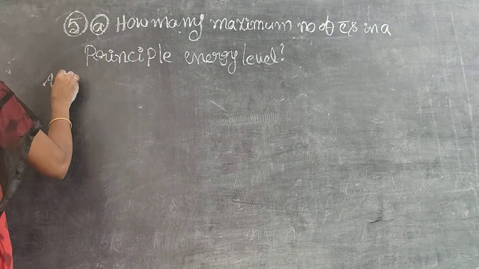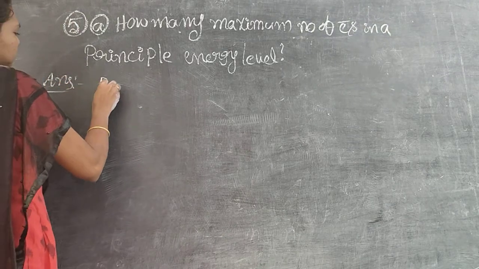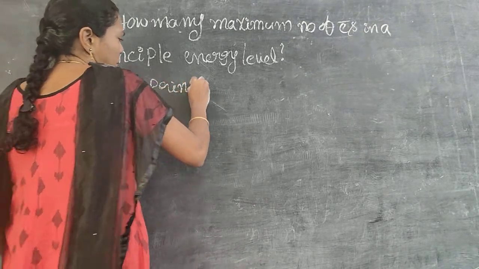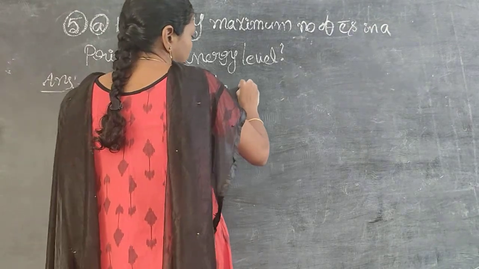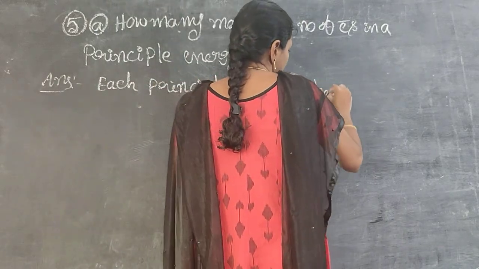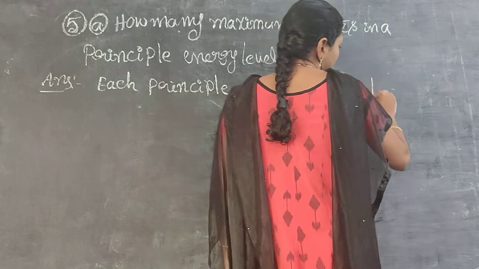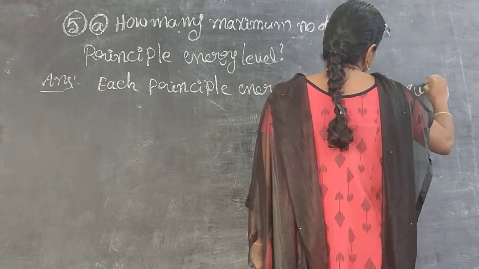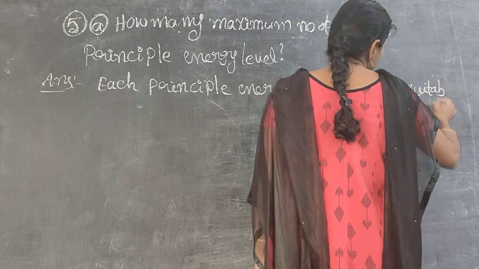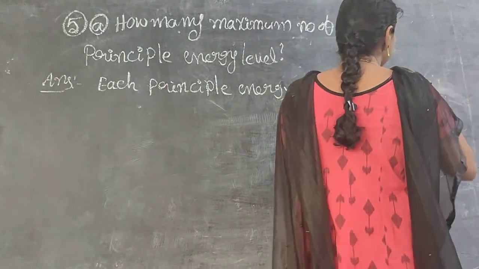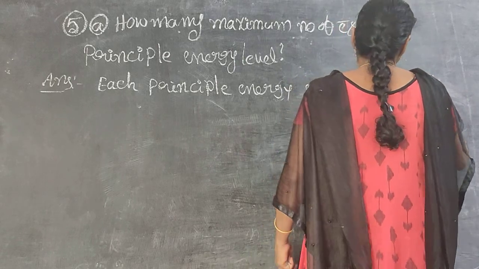Each principal energy level contains a fixed number of electrons. In place of suitable, we can write fixed number of electrons.